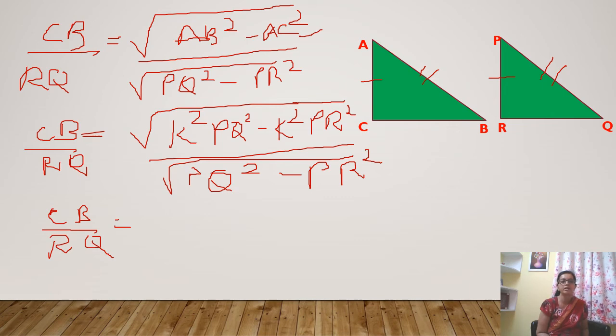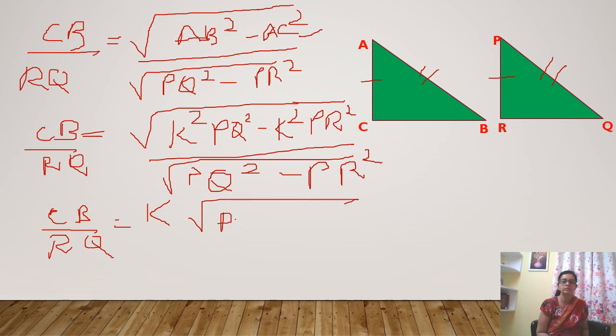Here you can see K squared can be taken common, but because it is in the square root, once it comes out of the square root, it will become K. And what will remain in the square root?